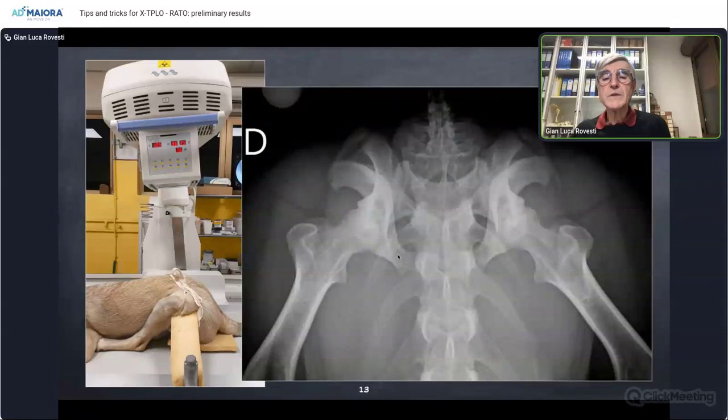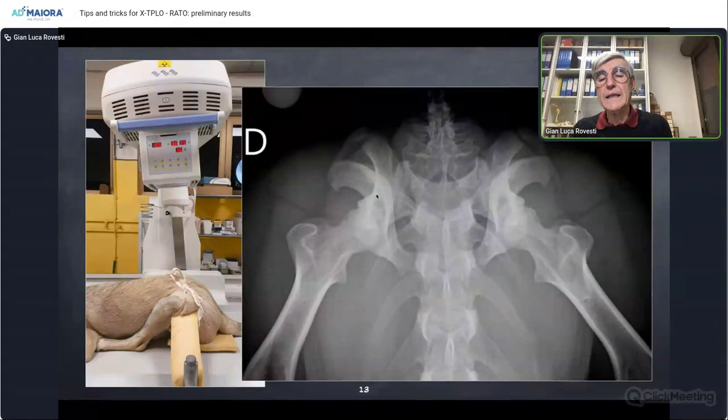But the important thing is that we should be able to see the dorsal acetabular rim, and the distance between the ventral border of the ischium and the dorsal border of the acetabulum should be between 3 and 7 millimeters.